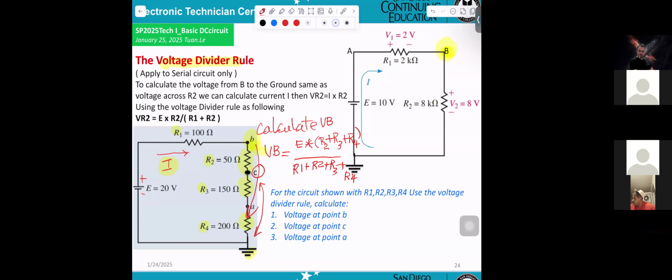So finally, I want you to give the formula to calculate at this point here using the voltage divider. That means VA. First, you use the total, times what?